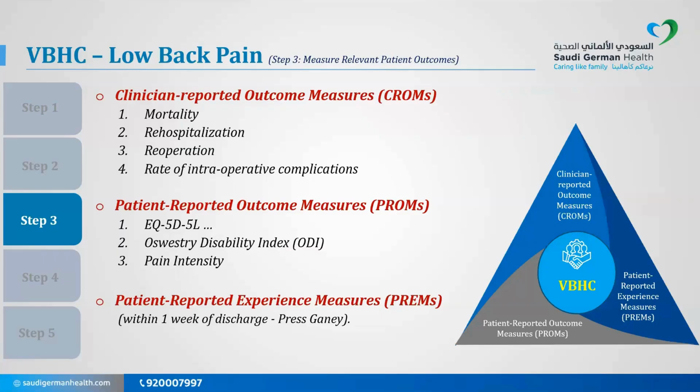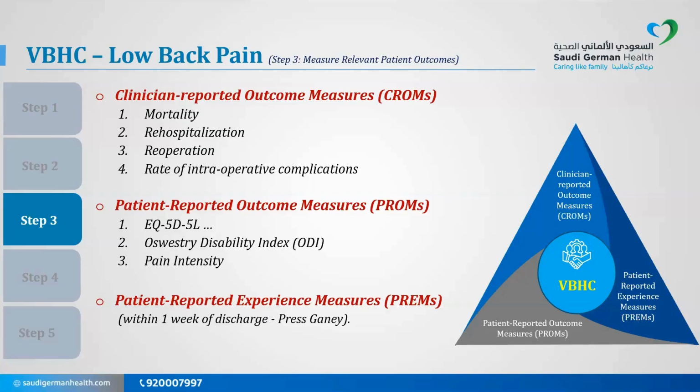Then we come to step 3, which is measuring relevant patient outcomes. For measurement, we should have an applicable measurement tool to evaluate our work and to evaluate the patient. We need to evaluate and measure from the clinician perspective and from the patient perspective.